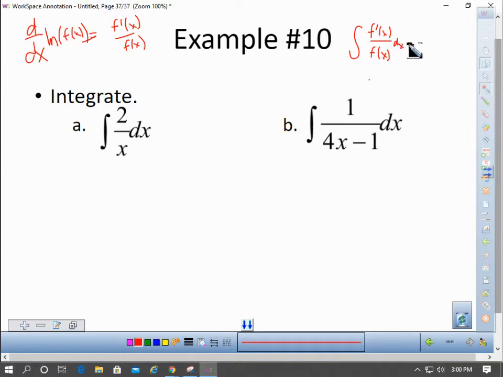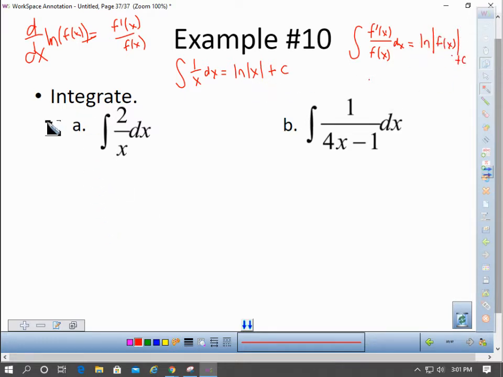You want to be able to recognize going backwards that you have the derivative on the top and the function on the bottom. That means it's going to be the natural log of f of x, and we have to put it in absolute value bars. The simplest one you can do is 1 over x. The integral of 1 over x is natural log of the absolute value of x plus c.